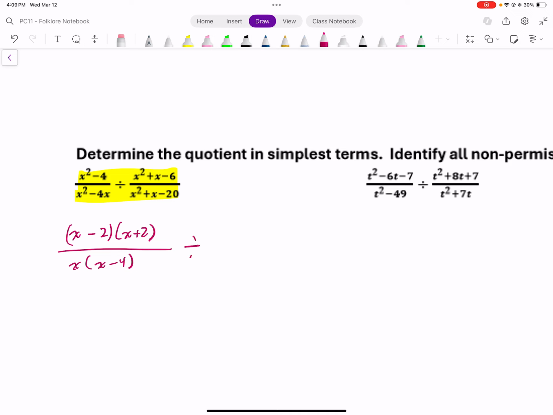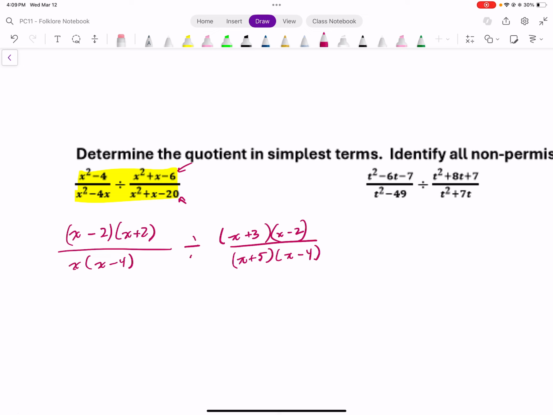I can say that this is divided by, factor the numerator of the divisor, and I can factor the denominator of the divisor. Wow, that was certainly a lot of factoring. Not hard, just a lot of it.